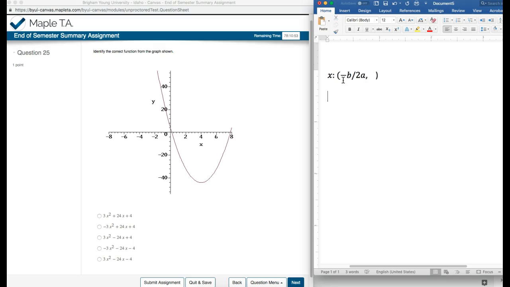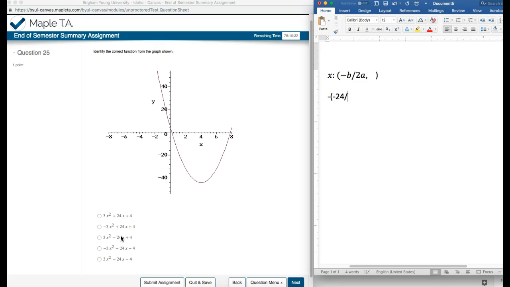But let's verify that with our vertex. So negative b, these go in order A, B, and C. So I'm going to take this negative 24 right here, maybe, we'll see, negative 24. And because it says negative b, it's actually negative 24.